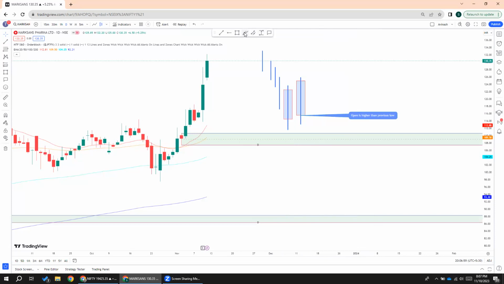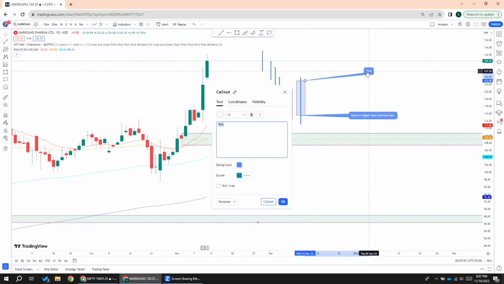Point number two is close above the previous high.